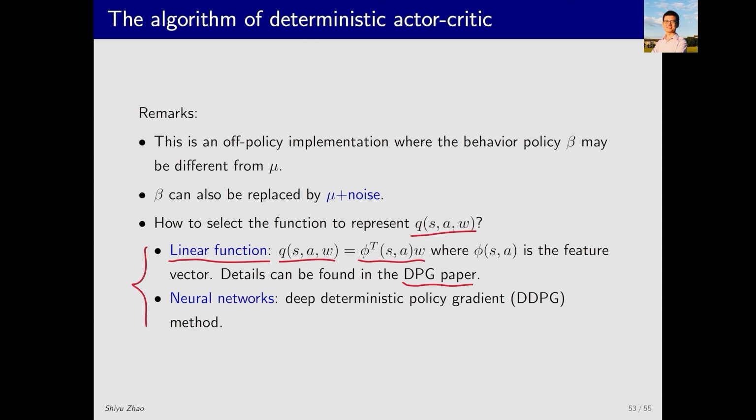The problem with this way is that first I have to choose a feature vector, and second, because it is linear, its ability to approximate the true action value is limited. Thus, the second way, which is widely used nowadays, is to use neural networks. In fact, this paper extended DPG to deep DPG, which is called DDPG.